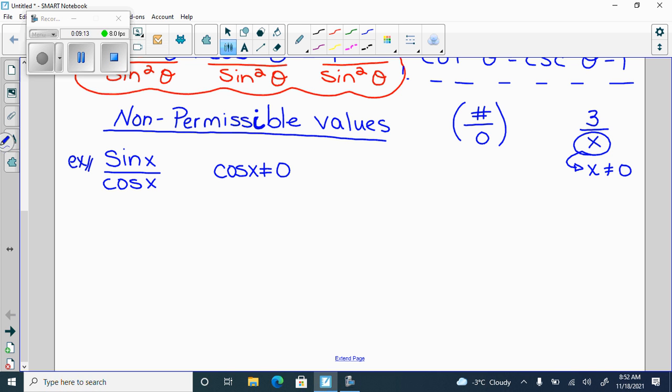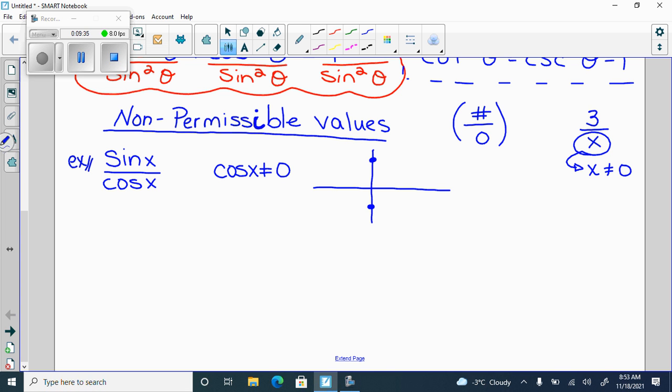So I need to find all the places where cos x equals 0, and then state those x's. Where does cos x equal 0? 90 and 270, and so on, and then backwards. There's a whole bunch of places, correct?